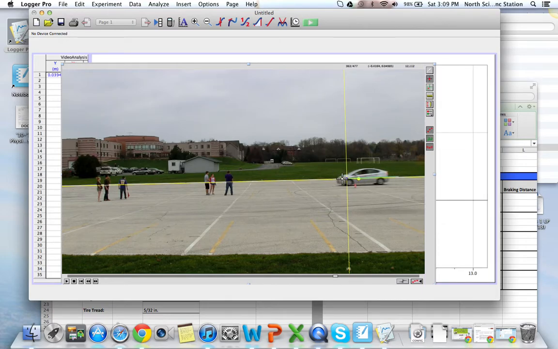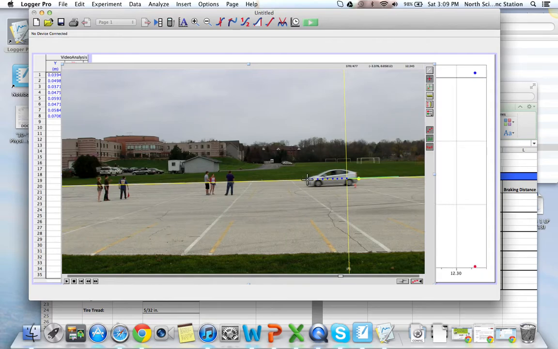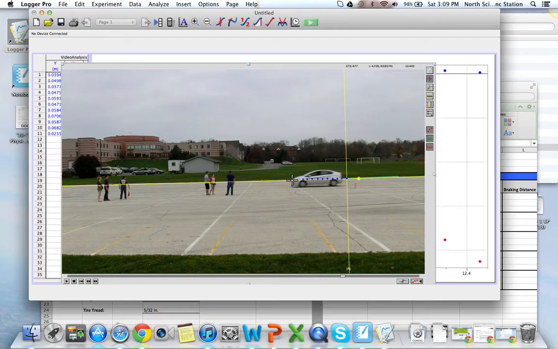So what I do then is click through the frames. When it came to Quinn's flag, for all of these I waited till Quinn's elbow was up, just about there.